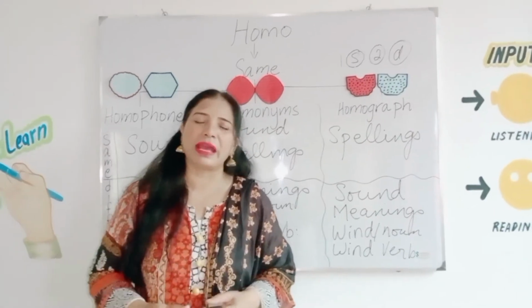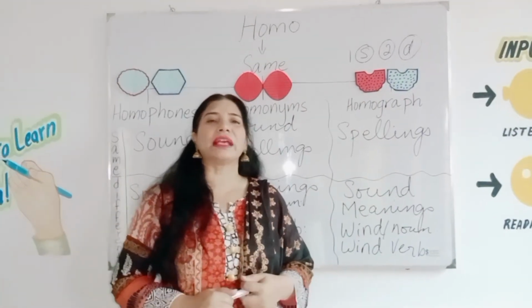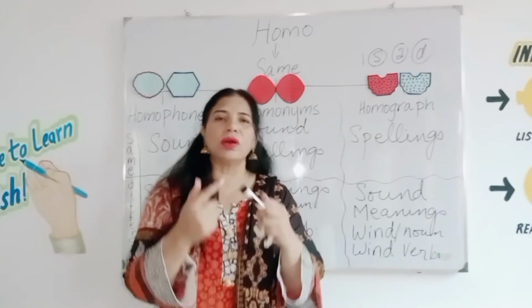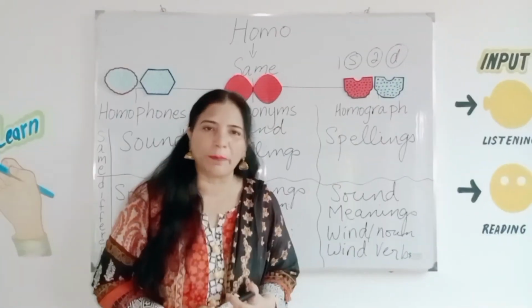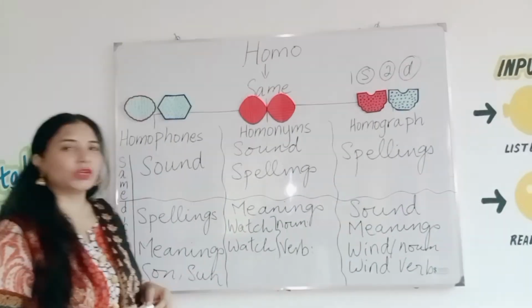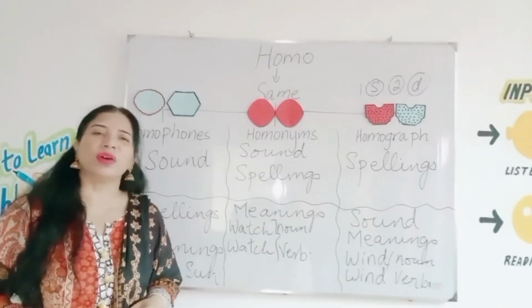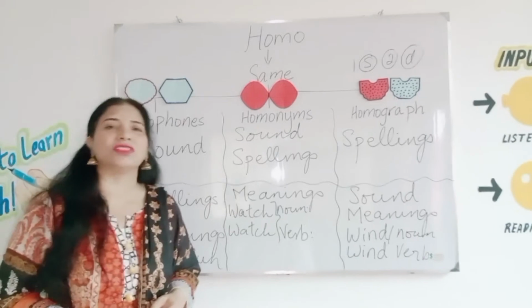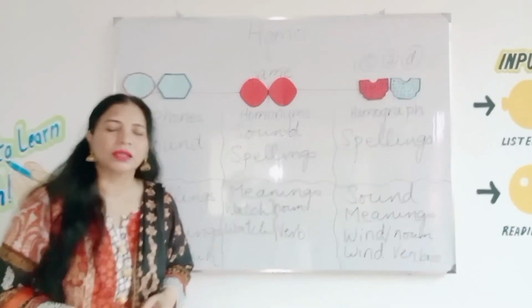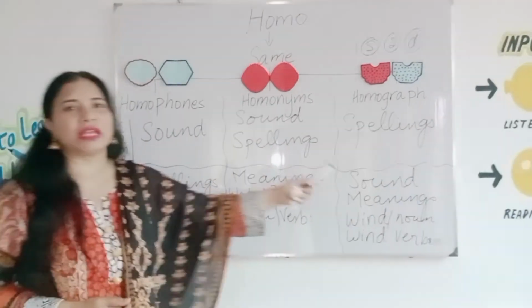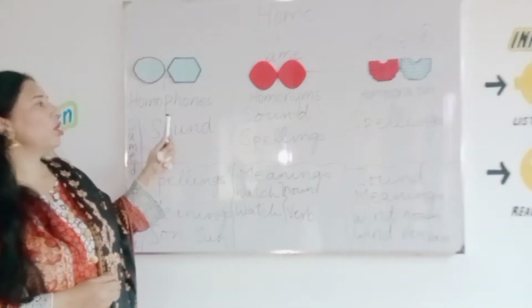Now if I give you the quick review or revision of the whole topic, let's see for you dear viewers, we have done today the pair of words that have the similarities and the differences among them. They are put into three categories: homophones, homonyms, homograph.